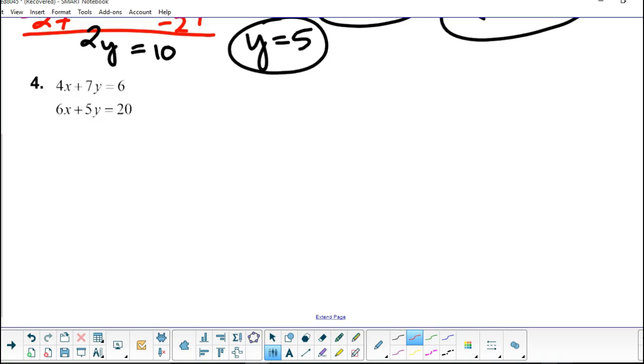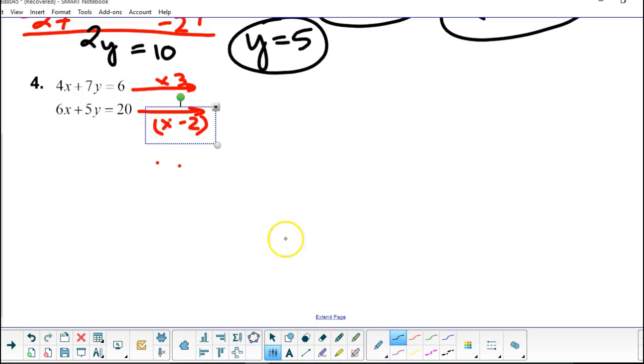That's a good number that we can use there. You might find that you want to change the 7y and the 5y to both be 35. Whatever you want works, but you just have to be consistent with it. I'm going to use 12 on x's, so I'm going to multiply this top one by 3, and I'm going to take my bottom one and multiply it by -2.